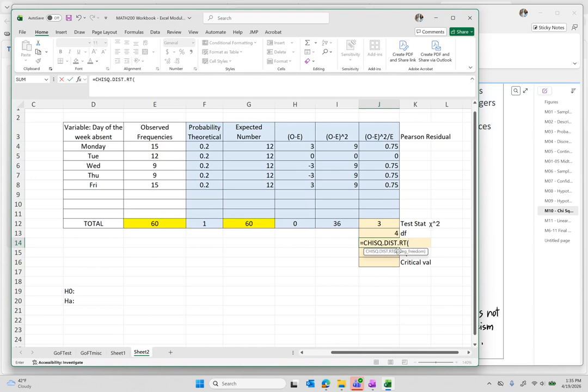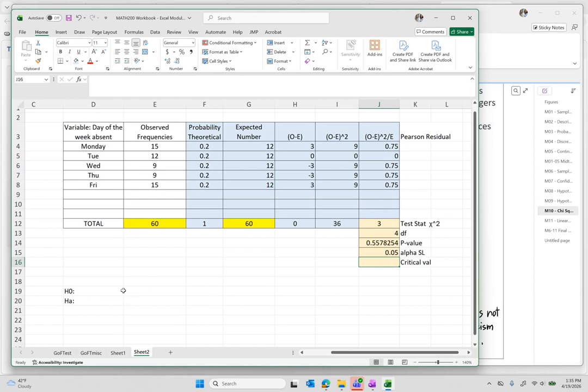So it's asking me for the x value first. I'm going to click on the test statistic that I found, comma, and then it's asking me for the degrees of freedom, which I have calculated right above there. And that is my p-value of 55.78%. My significance level alpha was given to me from the beginning, 0.05 or 5%.